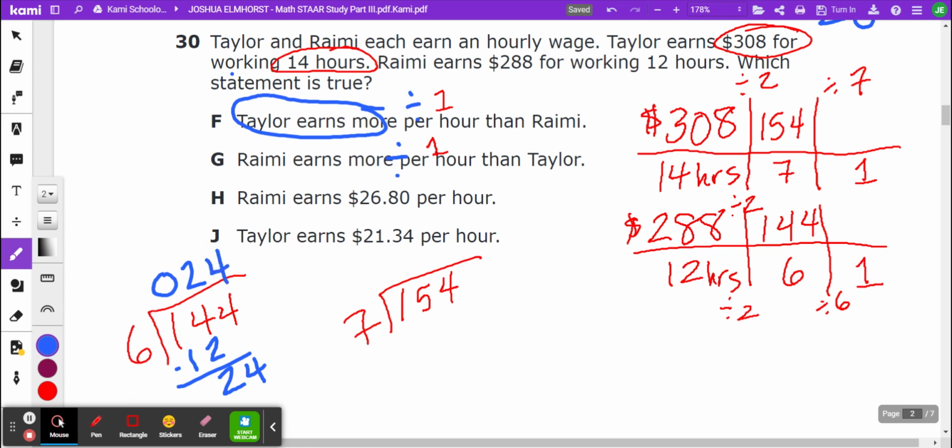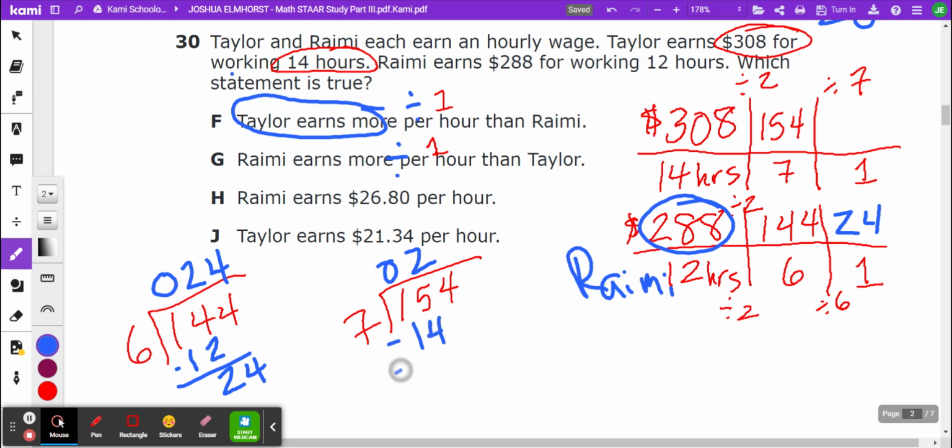Okay, so 144 is related to 288. So this is $24 an hour, and that is Raimi. Okay, so 7 goes in here 2 times. 14. So this is $22 per hour, and that is Taylor.